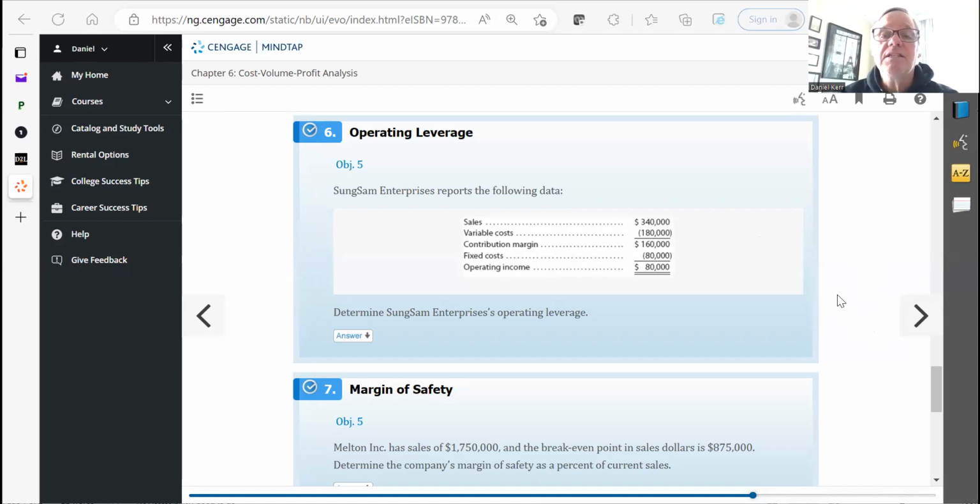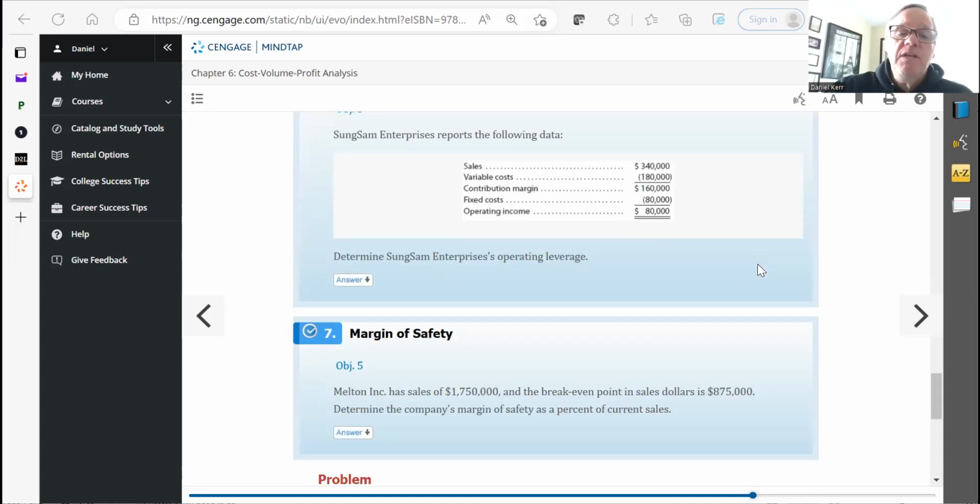So you have to look at that and say, okay, do I know what the contribution margin is? Contribution margin is defined as sales minus variable costs. So I know what my contribution margin is, and I know what my operating income is. It's $80,000. So on the basis of that, you have to calculate the operating leverage, which is the relationship between contribution margin and operating income. In a moment, we'll do that.